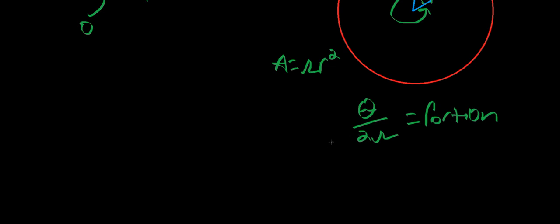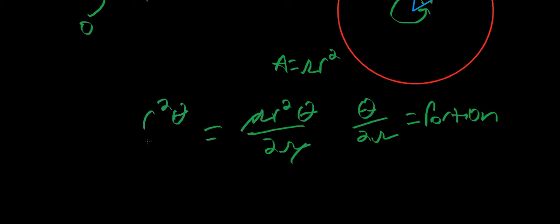Then if I multiply our portion by our area, I get pi r squared theta over 2 pi. Our pi's cancel, and we get r squared theta over 2.